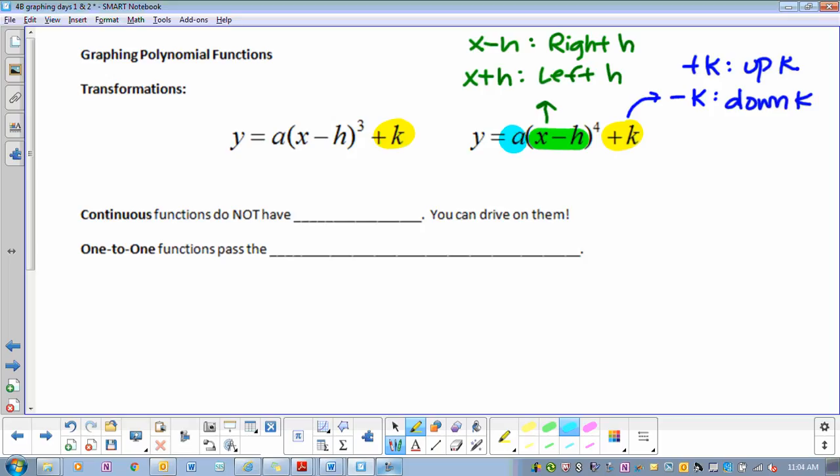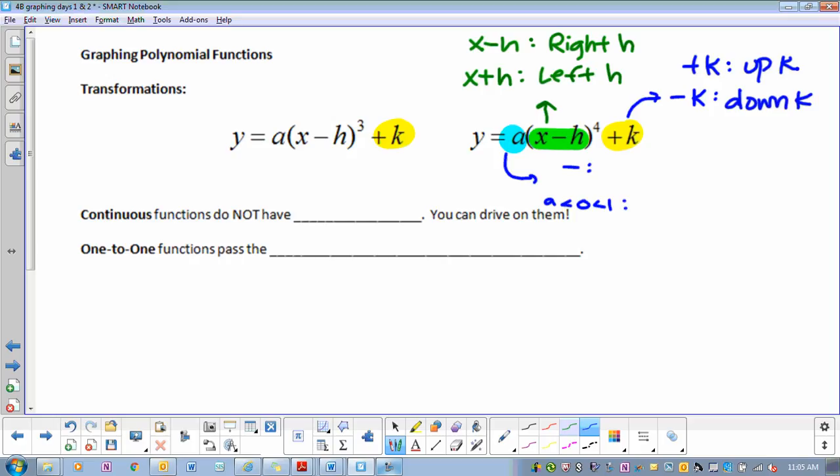All right, and then what about this a in front? If you have a negative in the front, what does that mean? Not yet. If it's just a negative, what does that do? Since you said compress, let's talk about compress.